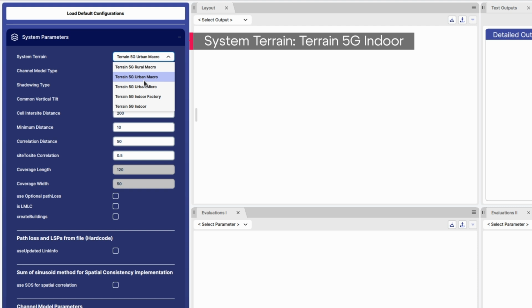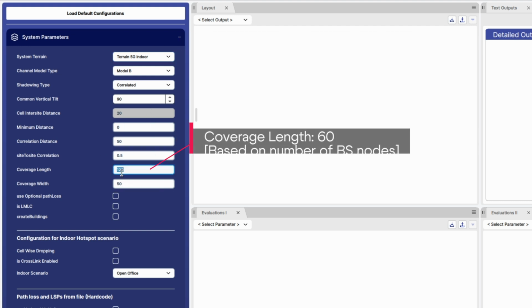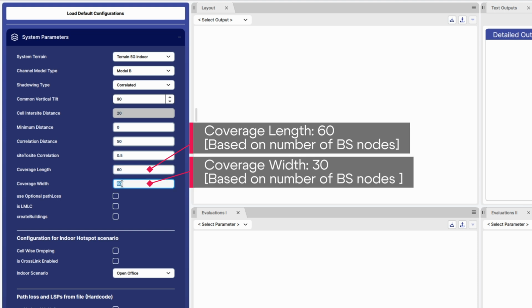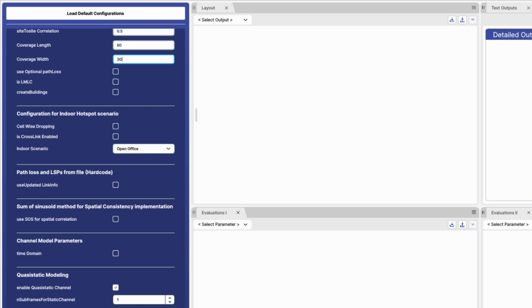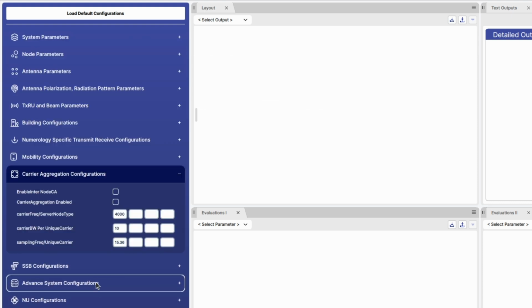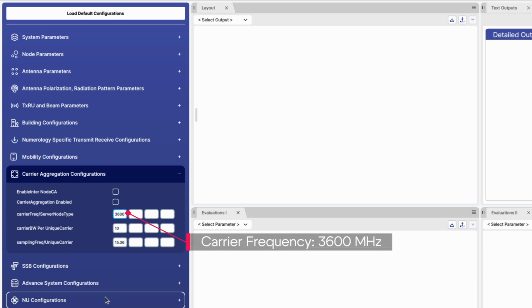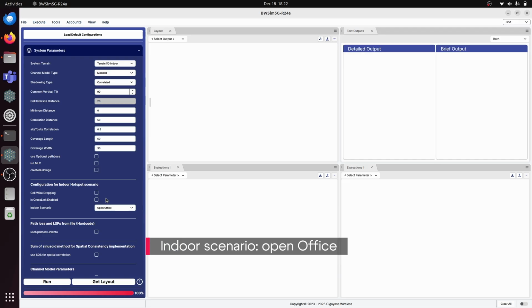You can select the indoor hotspot scenario by selecting this option in system terrain 5G indoor. Now we are going to start with the open office scenario.